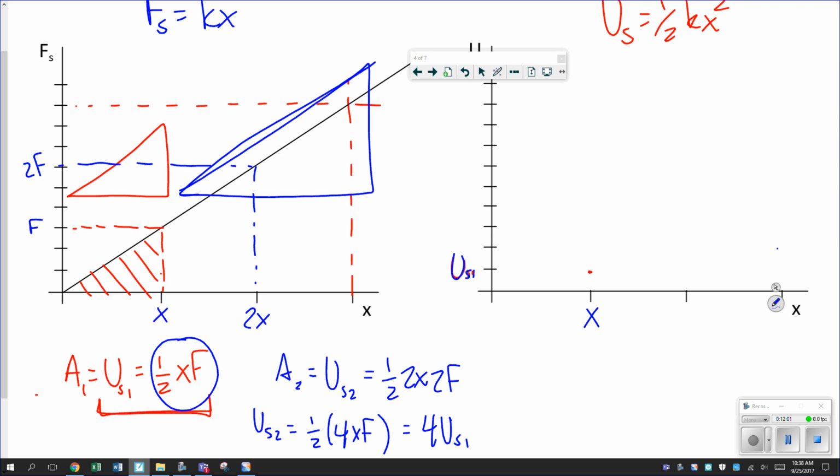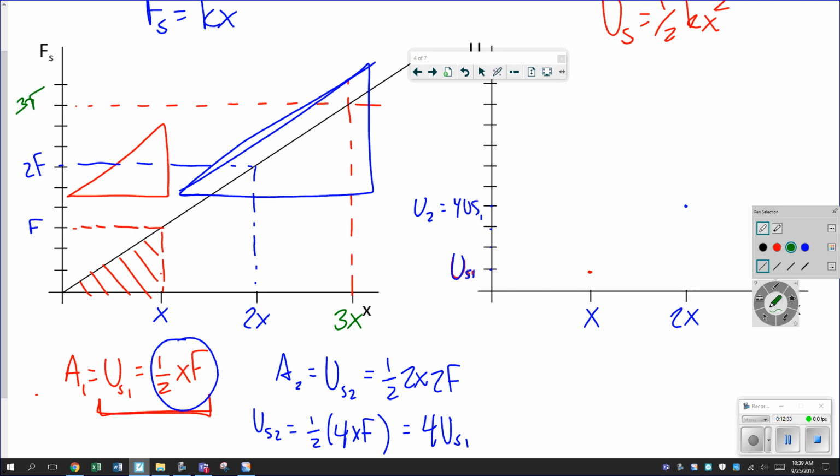Which says when we go out to 2X, we don't double the energy stored in the spring. 1, 2, 3, 4. It gets 4. So here's U2, which is 4US1. And now here's a new data point on this graph. And then when we go out to 3X, well, again, our spring responds by applying a force 3F, and then we get this triangle.